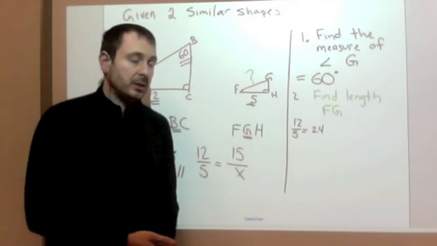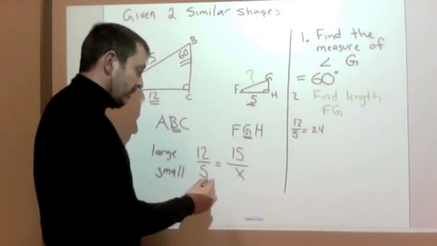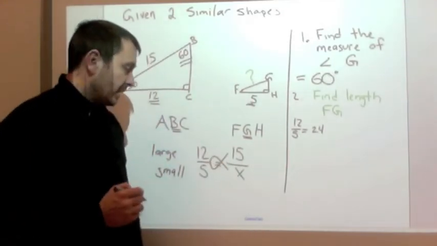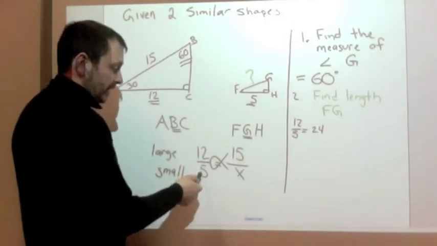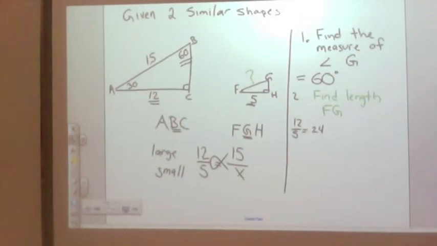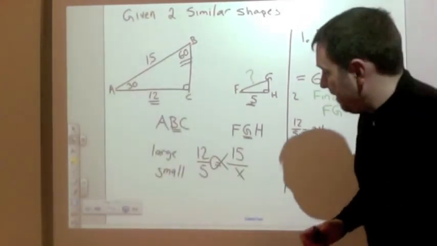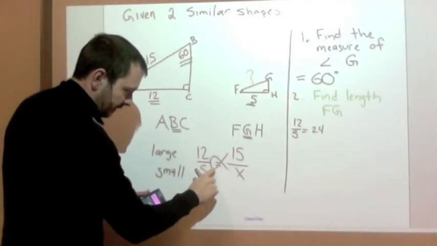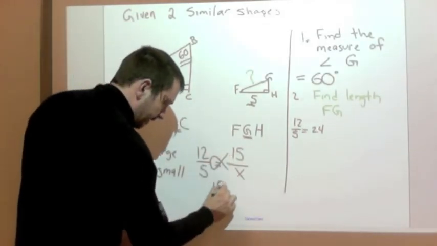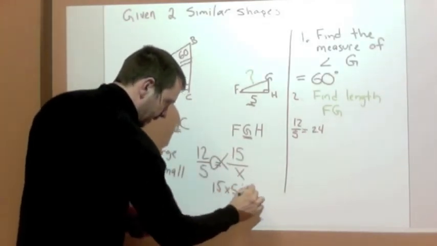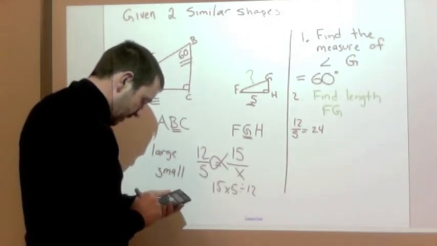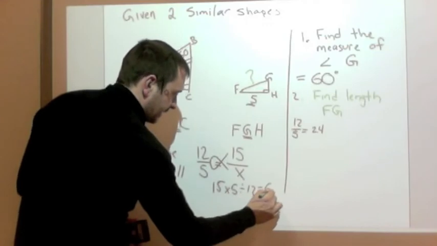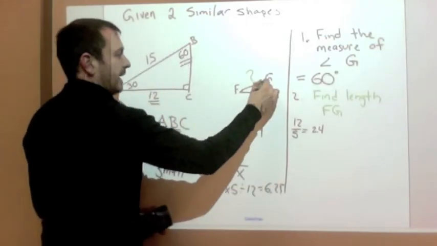And now you can cross multiply, you can use your fish technique, whichever method you want. And so this one, 15 times 5 is going to give me 75. And then when I take 75, so again, fish technique, 15 times 5 divided by 12. 15 times 5, again is 75, divided by 12 equals 6.25.